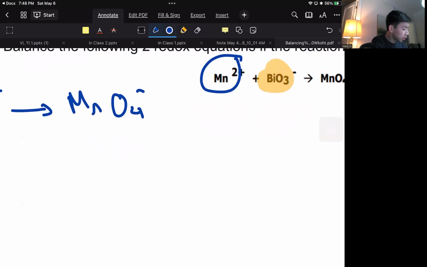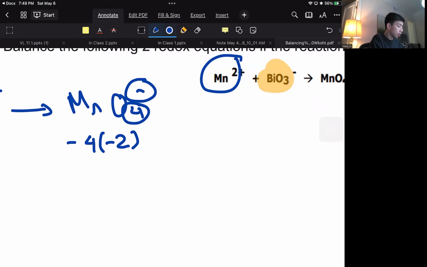Oxygen, you always start out with oxygen. You always assume it's going to be -2. In the end, the overall charge has to be negative. So since oxygen is -2, and there's 4 of them, we write -2 times 4.